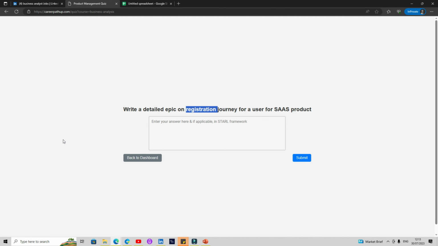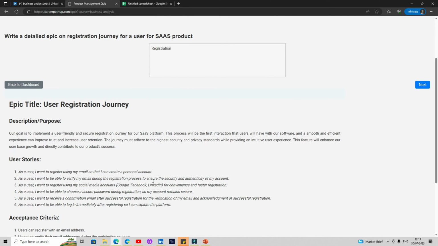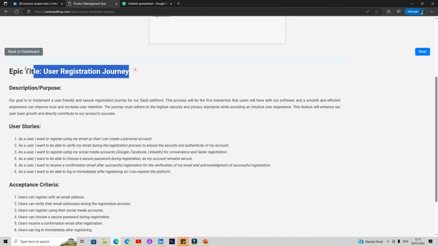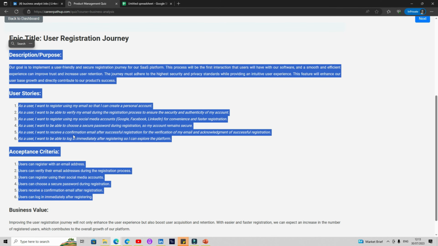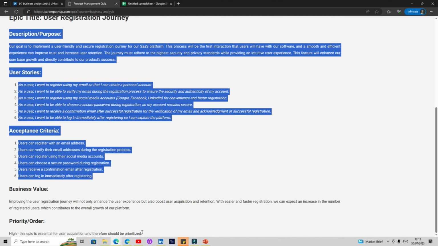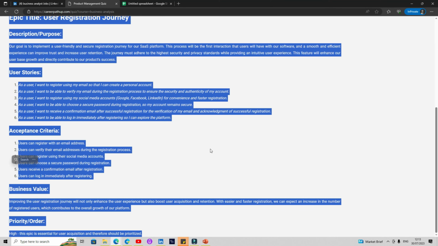And this is where you need to highlight your skill. So if you have done step one, that is to understand the job description, then start practicing. And when you practice, you'll be confident, because let's say somebody asks you to write an epic or a user story, a set of user stories. I've been in interviews where we will just randomly ask people to write user stories on anything.